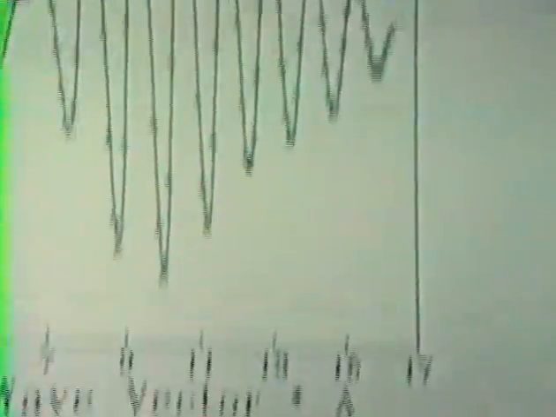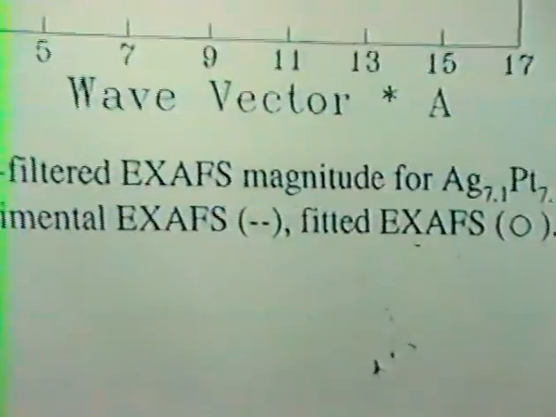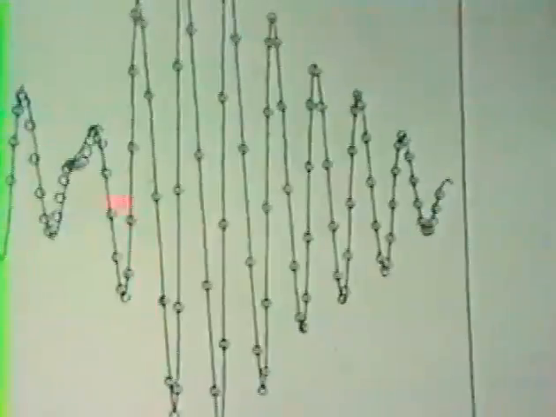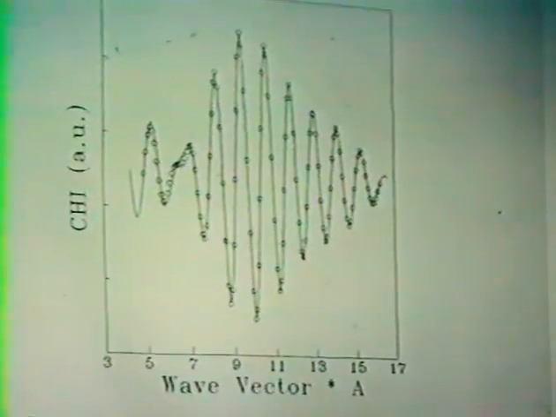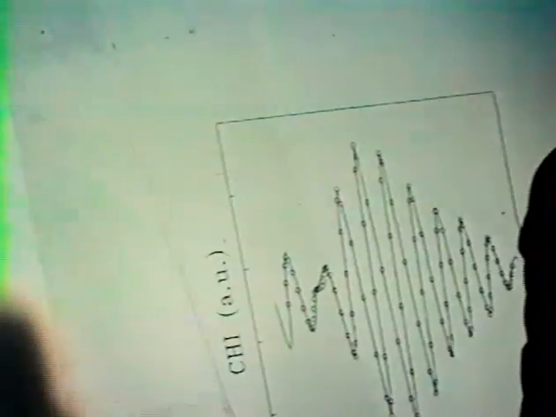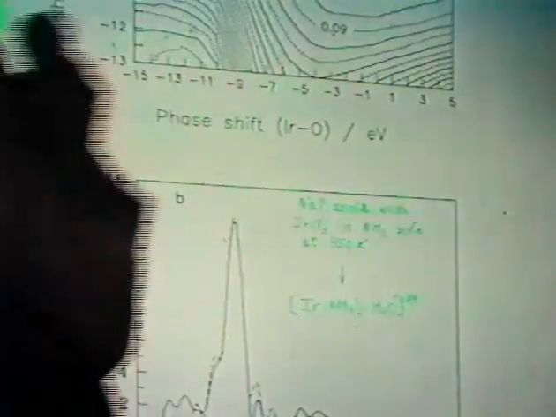But we don't know here the exact phase shift. Some people just obtain this kind of fitting and then ignore the phase shift. So to perform a very elaborate calculation, we perform the fitting as a function of phase shift.